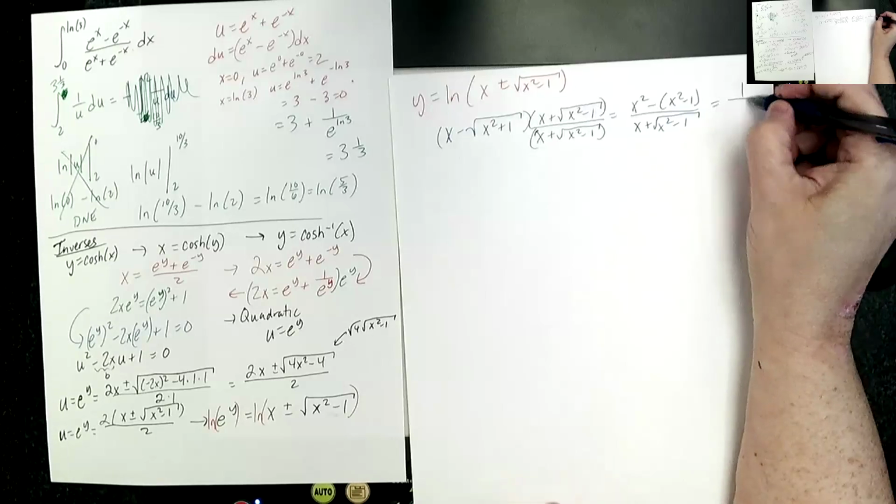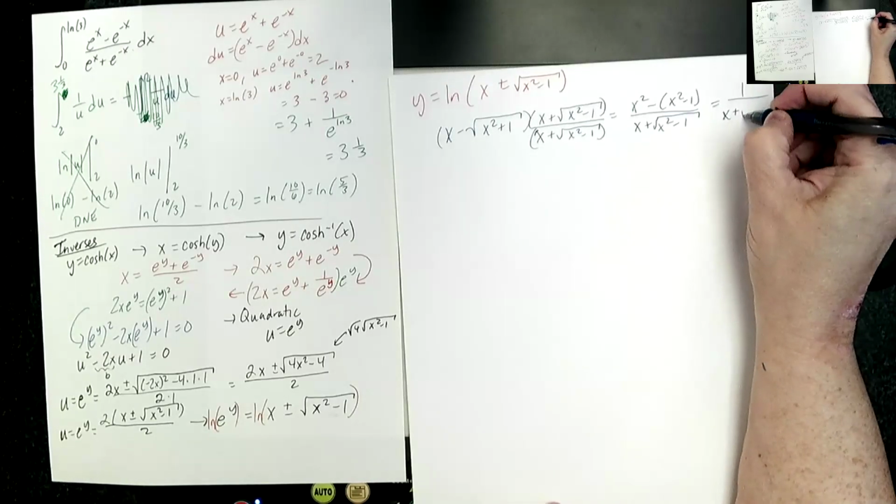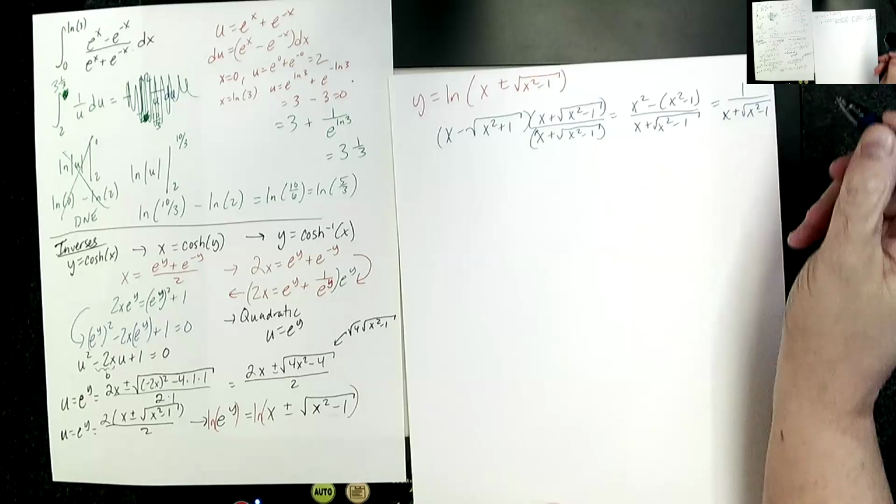Which is just 1 over x plus the square root of x squared minus 1.